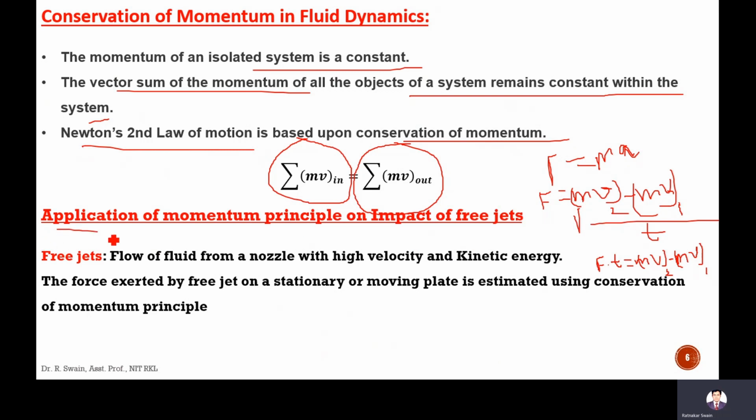Next comes the application of the momentum principle on impact of free jets. What are free jets? Free jets means the flow of fluid from a nozzle with high velocity and kinetic energy. Let this be a nozzle here. Due to sudden contraction of the area in the nozzle, the velocity here is very high, means kinetic energy is very high.